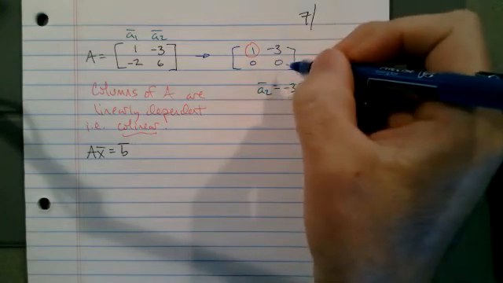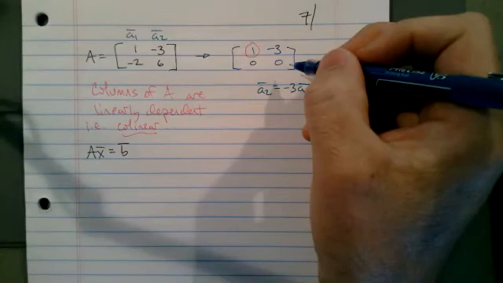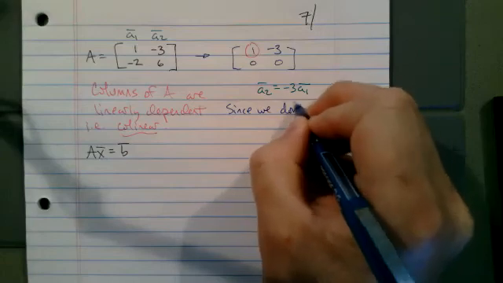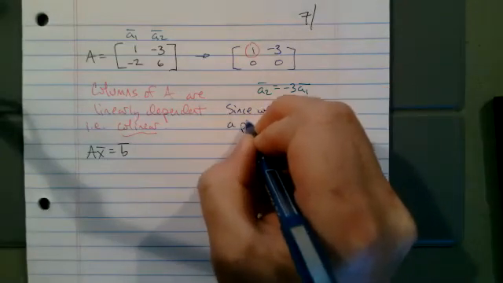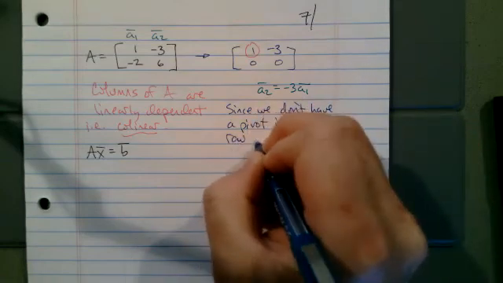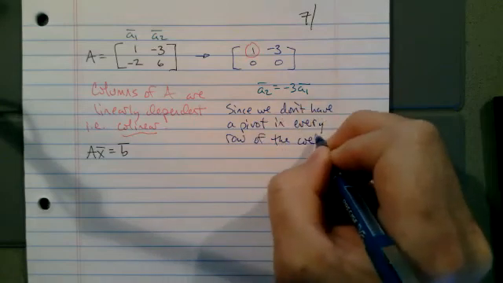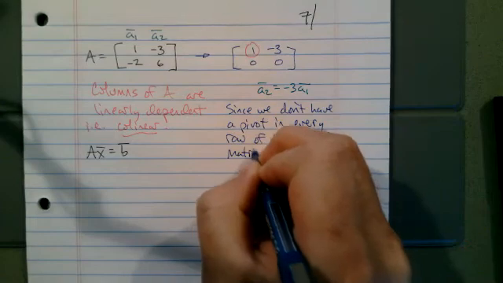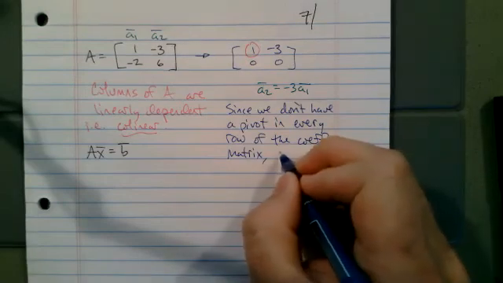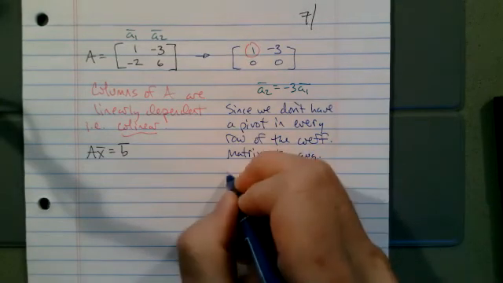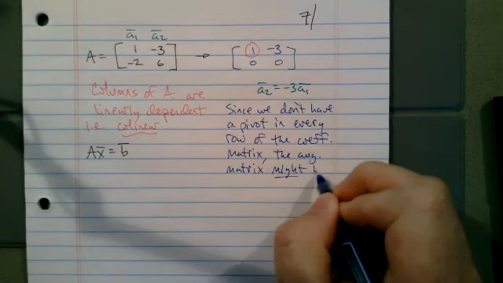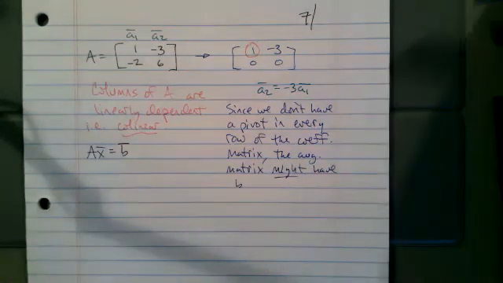Since we don't have a pivot in every row of the coefficient matrix, the augmented matrix might have a pivot in the rightmost column.